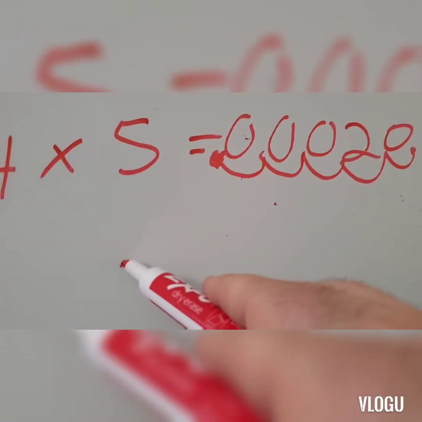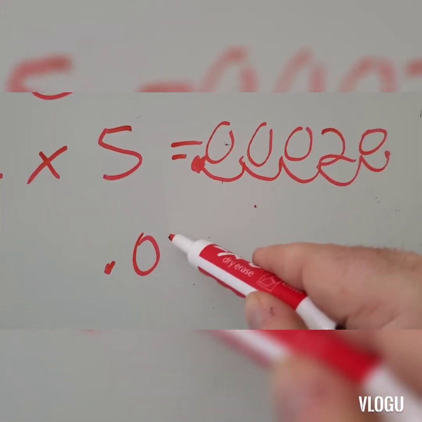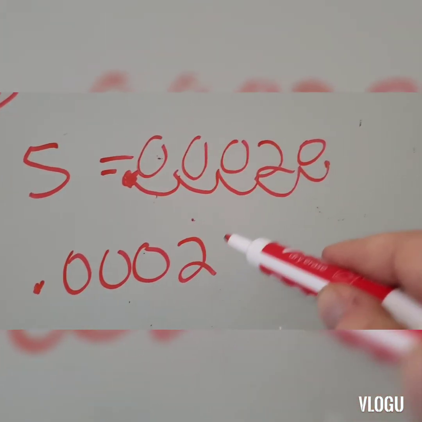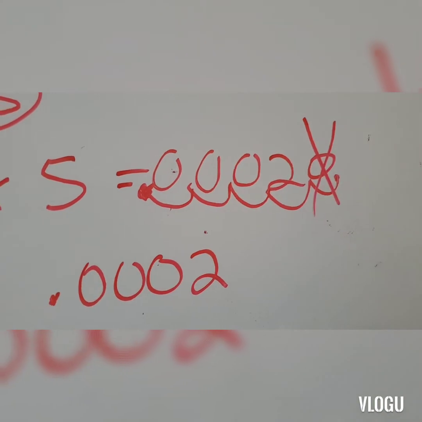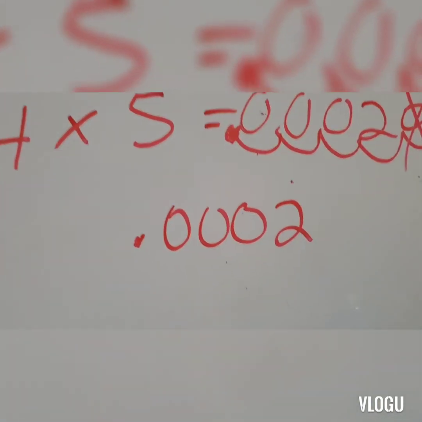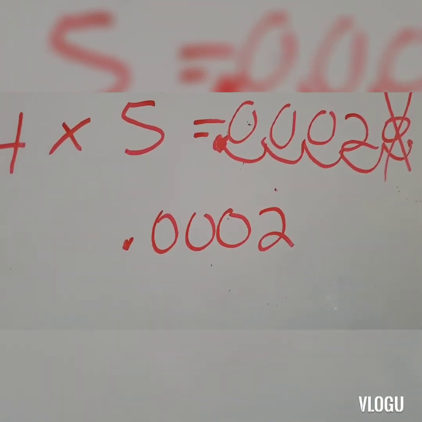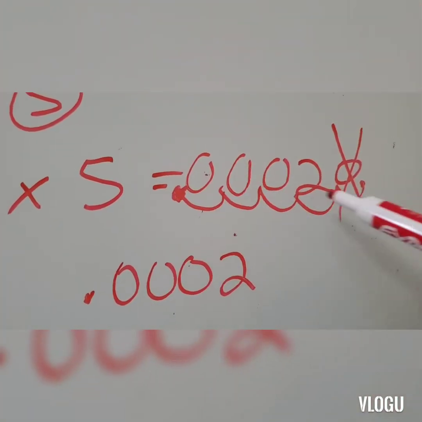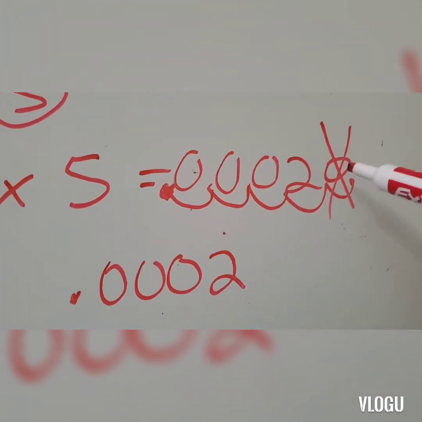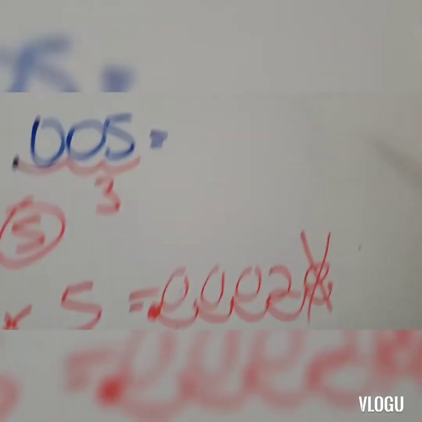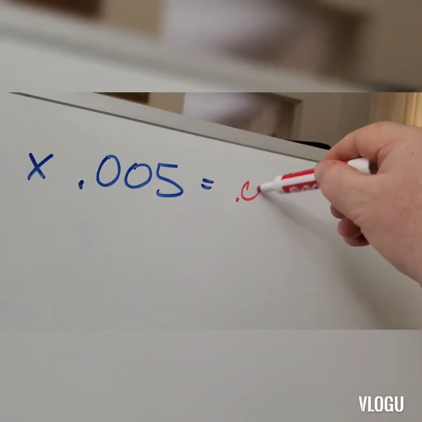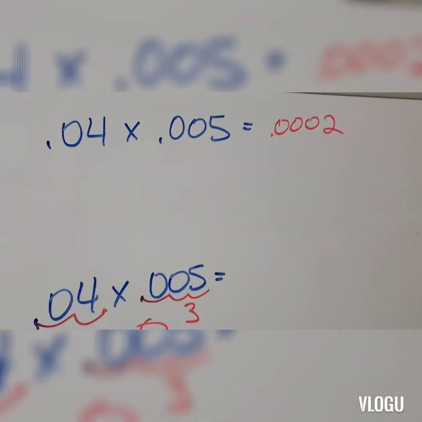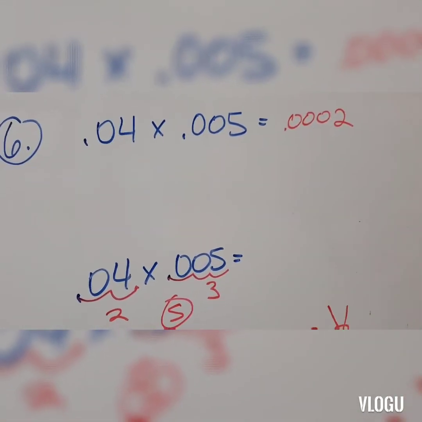So my answer is 0.0002. I don't need that extra 0. That is insignificant. So even though I slid it 5 places, it made that 0 unnecessary. So the answer is 0.0002. It's number 6.